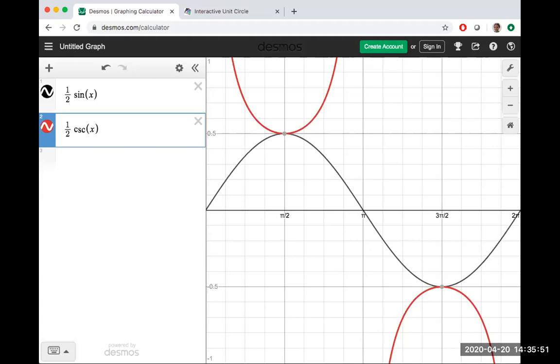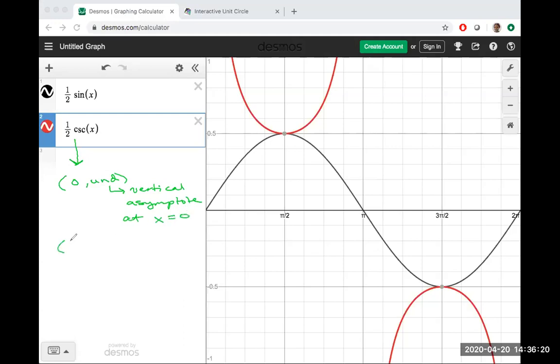Remember, we wound up doing that one in green. We should have had 0 undefined. When that's the case, that means there's a vertical asymptote at the given x value.